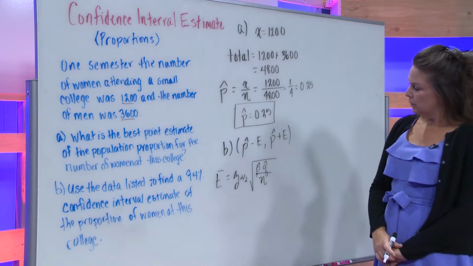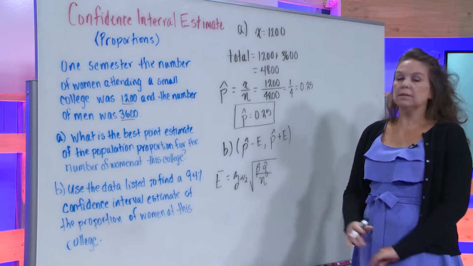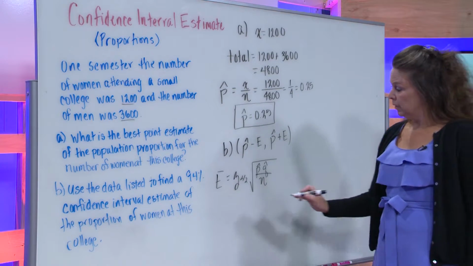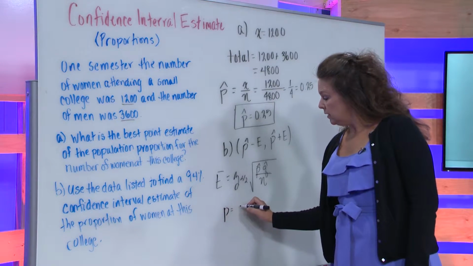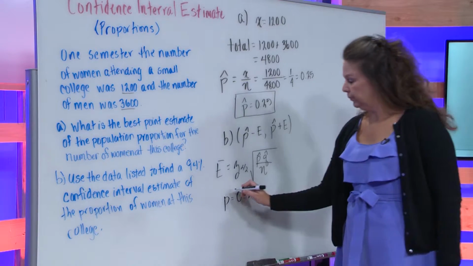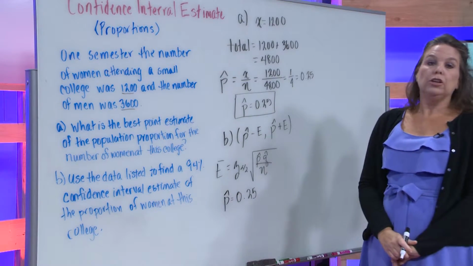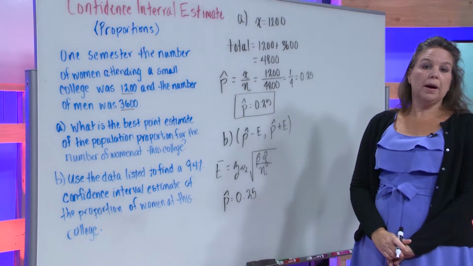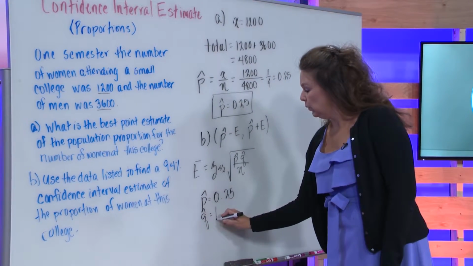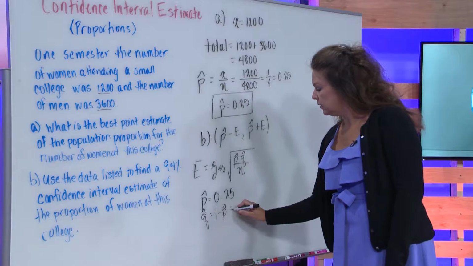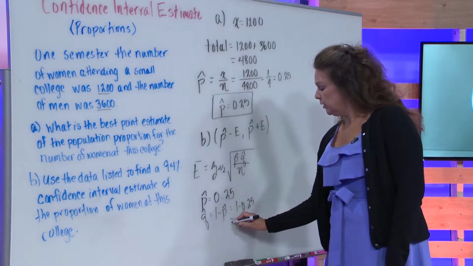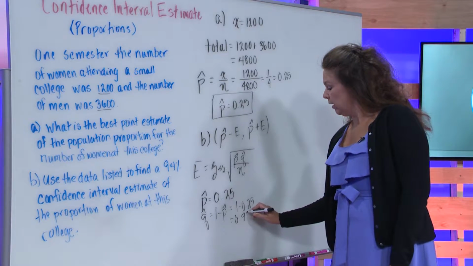So I need to find each of these pieces in the margin of error formula. Well, we have P hat, so P hat is equal to 0.25. Q hat is 1 minus P hat, which gives us 1 minus 0.25, which is 0.75.